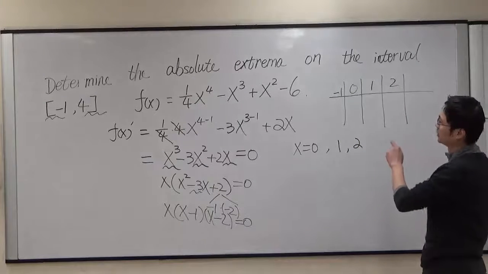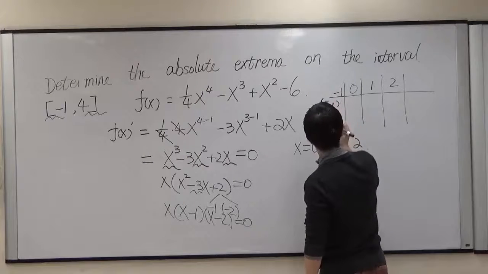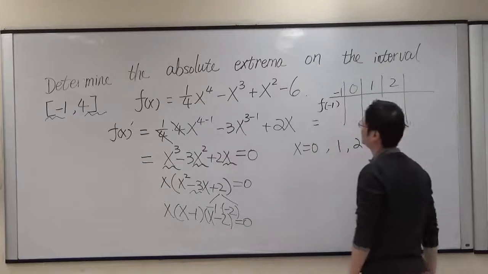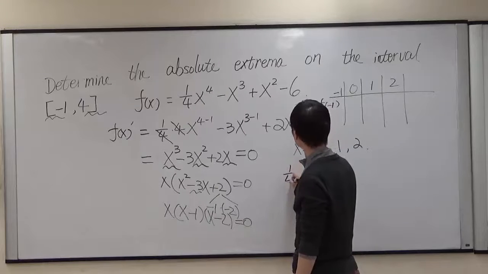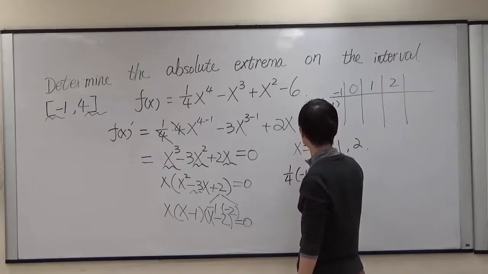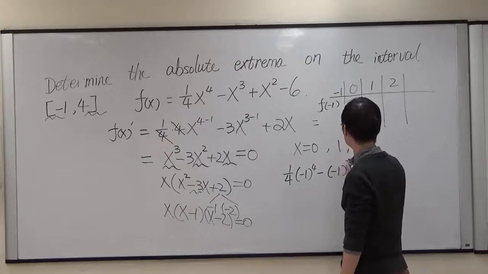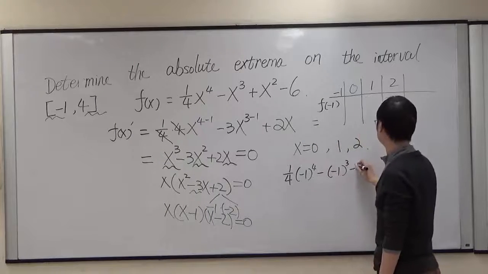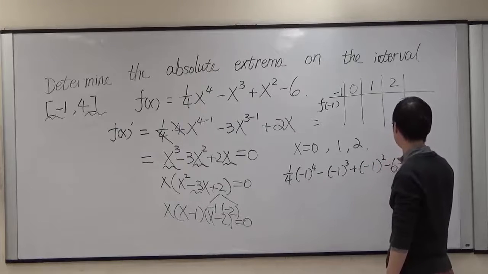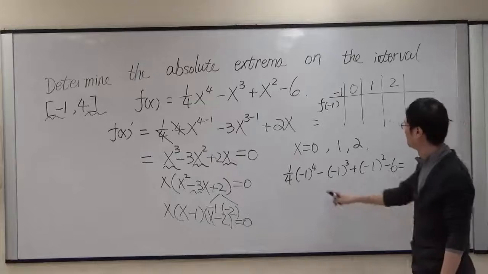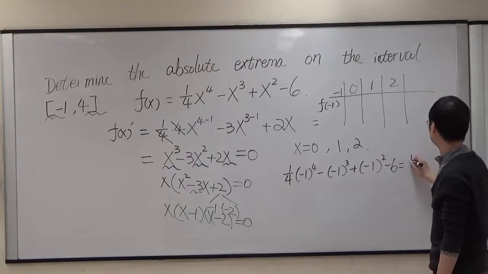So I plug -1 into my function. That's going to be f of -1. Let me do a calculation right here. That's 1 over 4 times -1 to the 4th power, subtract -1 to the 3rd, plus -1 squared, minus 6. So -1 to the 4th power is positive, that's 1 over 4.